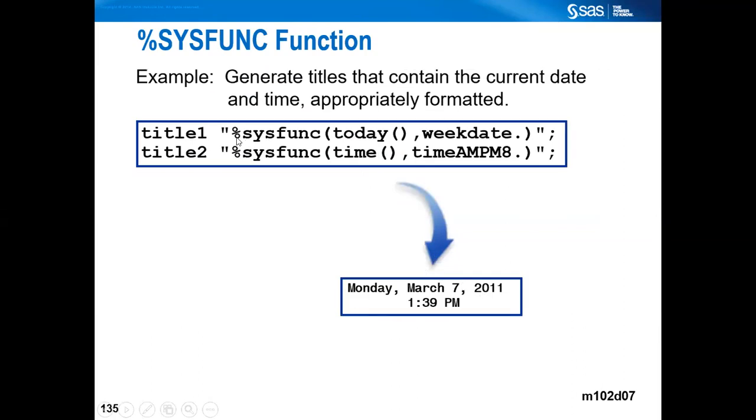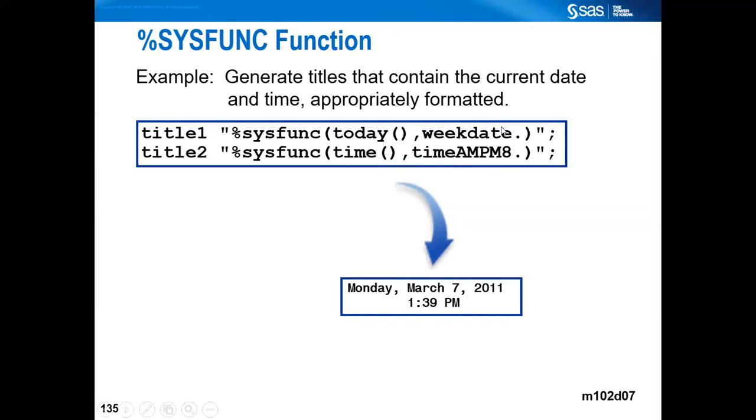So what it is doing, see, title, percent sysfunc today: you are extracting today and applying the format weekday. For time with null parentheses, it will extract your current system time and apply the format timeampm8. So it's telling it's 1:39 PM. It takes PM or AM accordingly because you're applying this format.